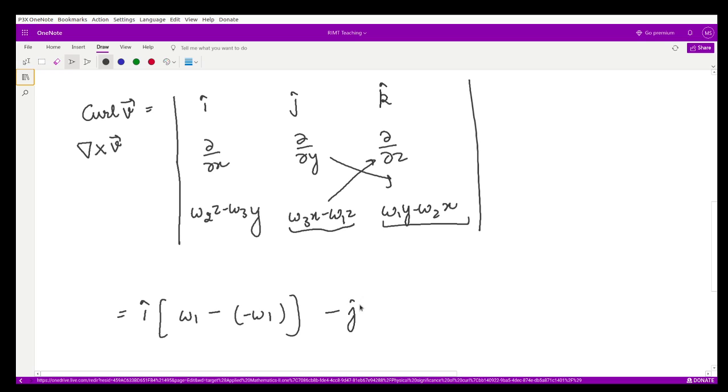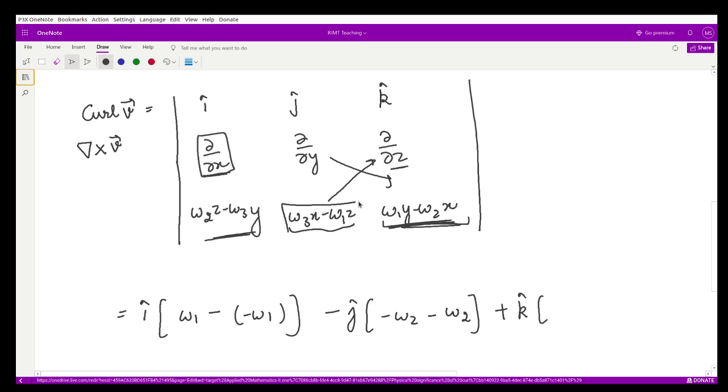Then minus j cap: applying the operator gives minus omega 2, and then the partial derivative with respect to z is again omega 2. And plus k cap: the partial derivative with respect to x gives omega 3, and the partial derivative with respect to y gives minus of minus omega 3.